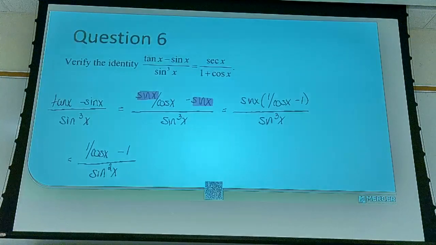Now what do you want to do? One over cosine is equal to secant. I think there's going to be a problem with that right now, though.